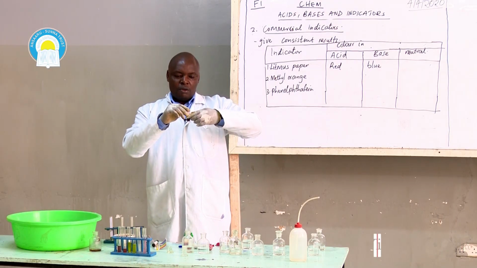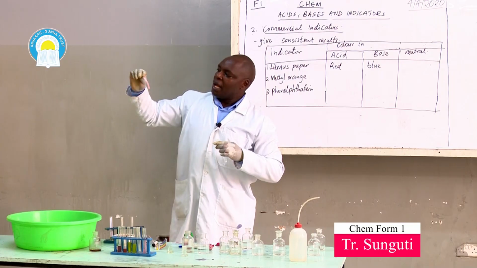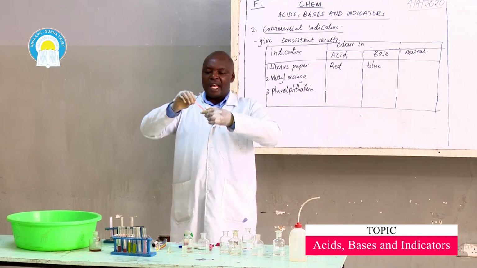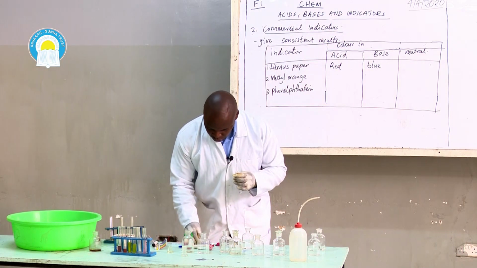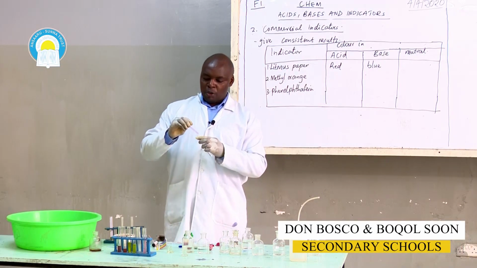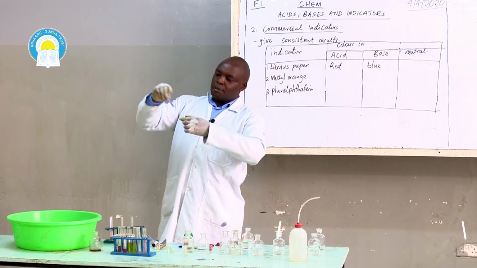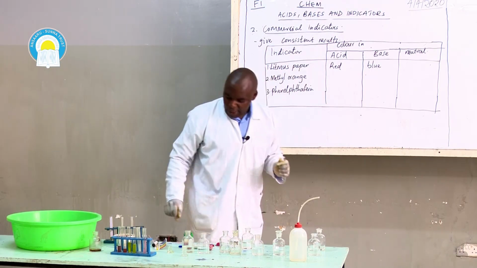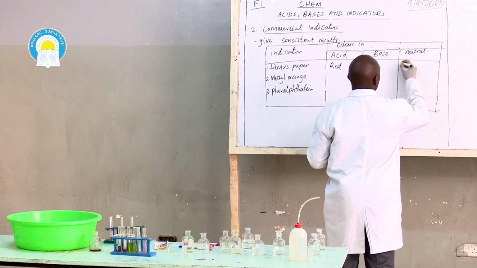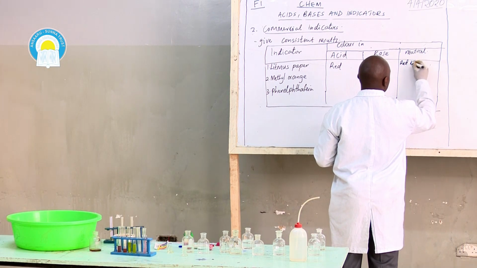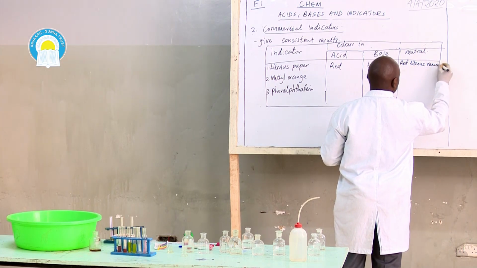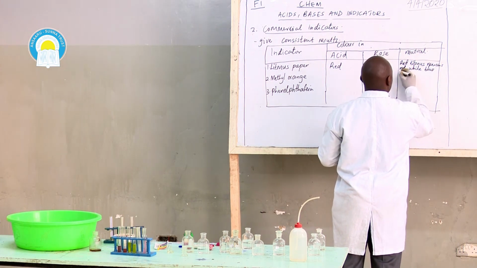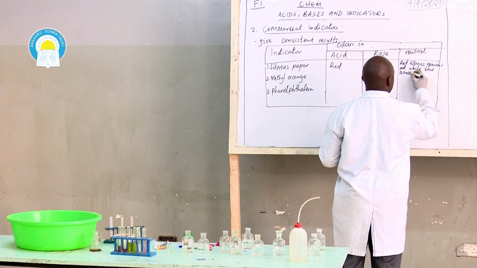You can see here in distilled water, the red litmus paper remains red, while blue litmus paper remains blue.